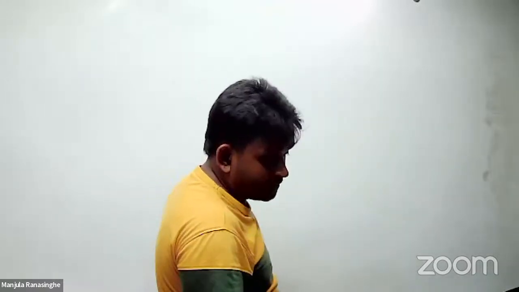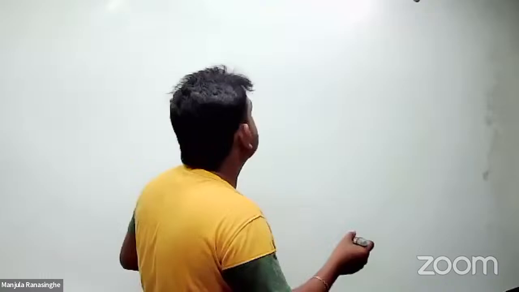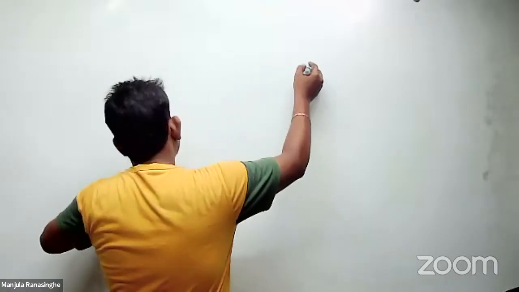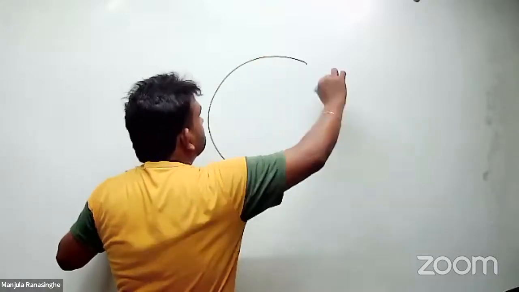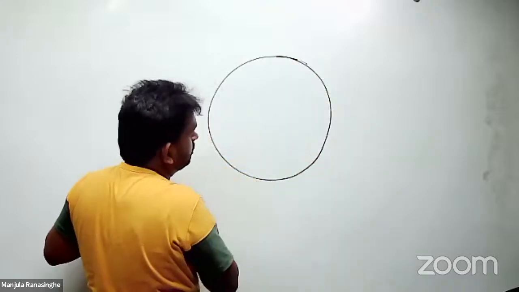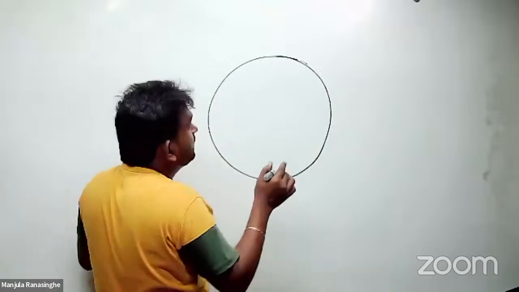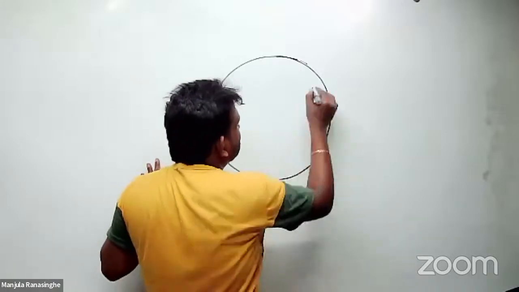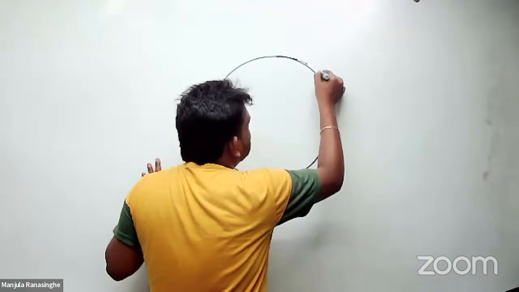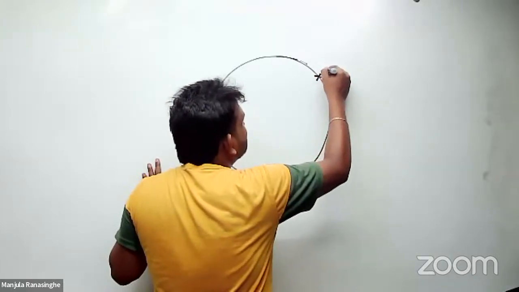Right. So imagine this is a circle. So this is the first method to draw a tangent at a point on the circle.